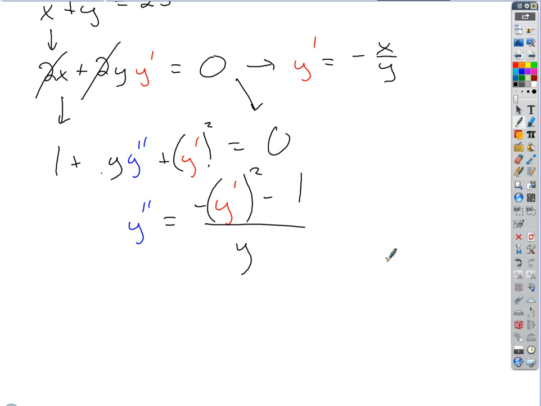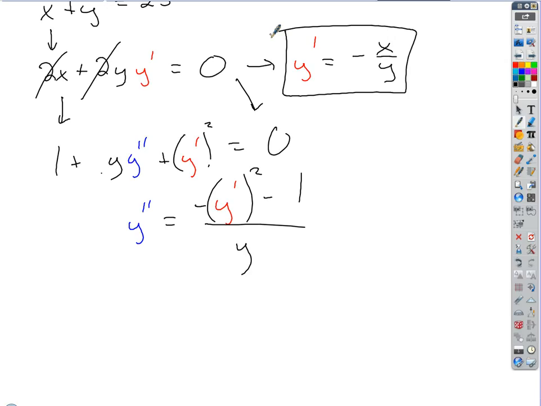Now, probably we don't want to write our answer in terms of y primes. It's okay to write it in terms of x's and y's. We could say this is our answer where y prime equals that.